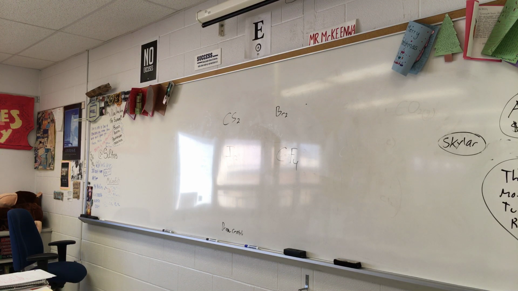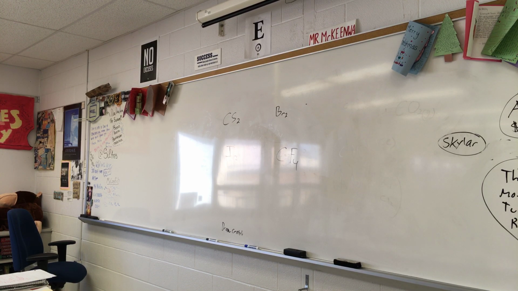So, what does the stick represent? A bond. Good. Here we have 2 different colors, and then here we have 2 different colors. Here we have 2 the same, versus 2 the same.